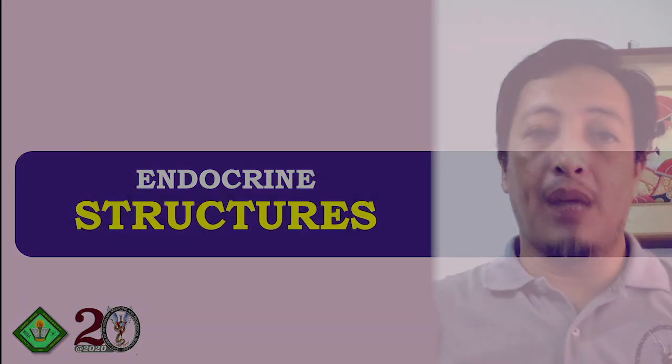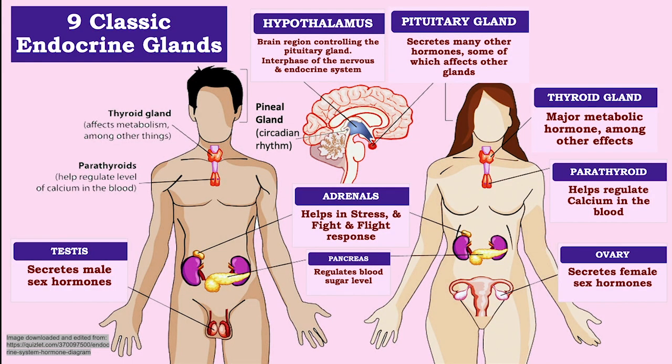So we have the hypothalamus, the pituitary gland, the thyroid gland, the adrenals, the pancreas, and the testes, ovaries, and the parathyroids. Okay? And also the pineal gland. Okay? So here's the pineal gland. So these are the 9 classic endocrine glands. So let's start with the hypothalamus.